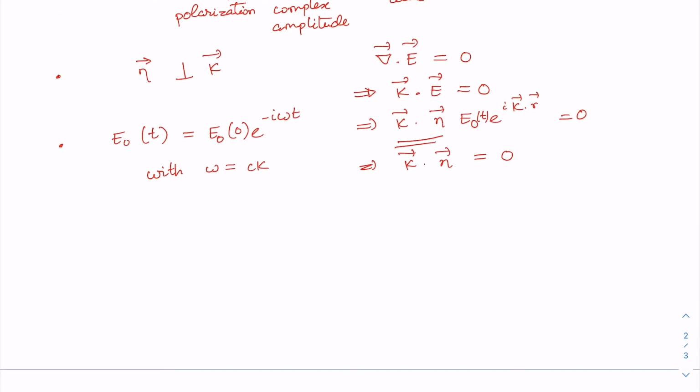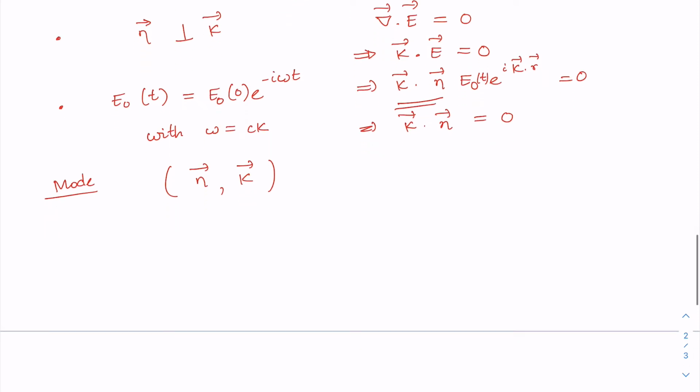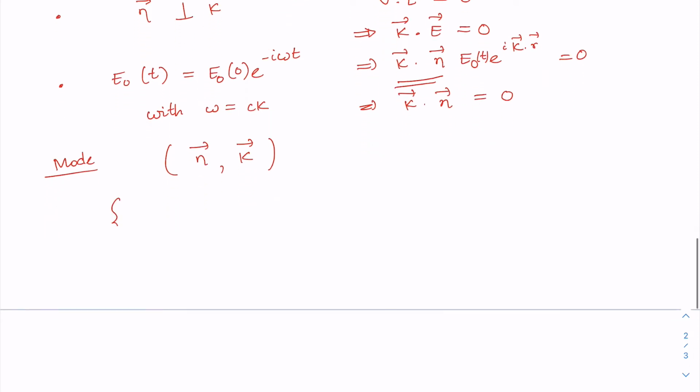Alright, and now coming back to the concept of mode. A mode is characterized by the electric field direction or the polarization eta and the propagation vector k. To explain it a little bit more, for example, if I consider my propagation vector along the z direction, so therefore your x and y components are 0, and k is the magnitude of the propagation vector.